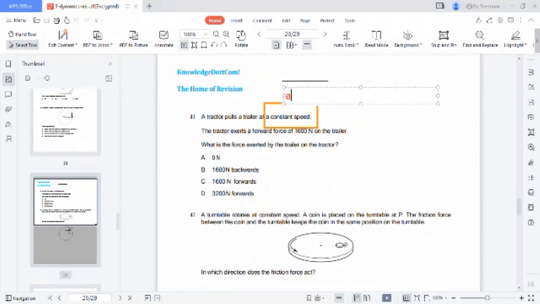So constant speed means acceleration is 0. Acceleration is 0 means the resultant force is also 0. The tractor exerts a forward force of 600 newtons. So the forward force is 600 newtons.